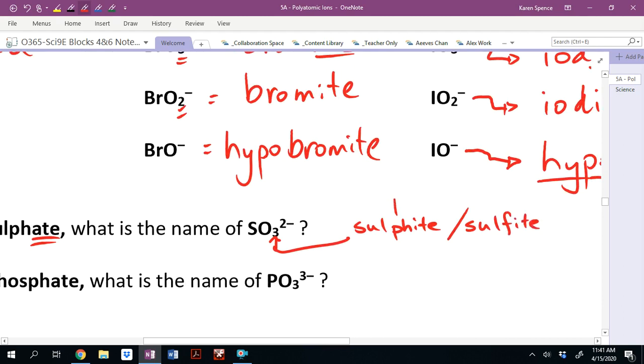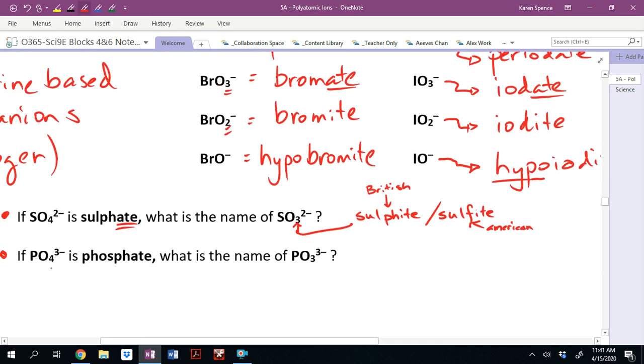This is the British way, and this is American. We're Canadian, so we can do either. PO4 is phosphate, so one less oxygen would give us phosphite. This one you cannot use an F.